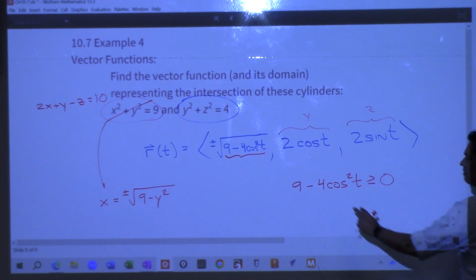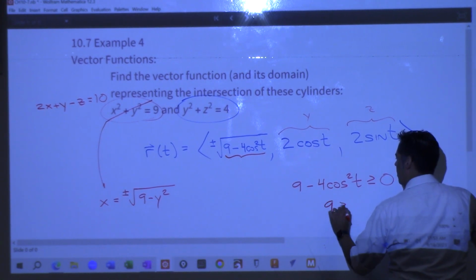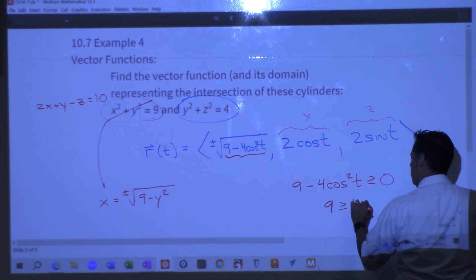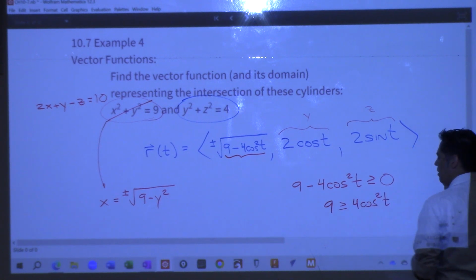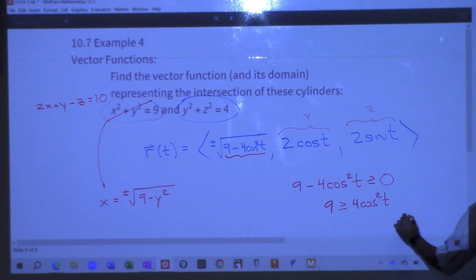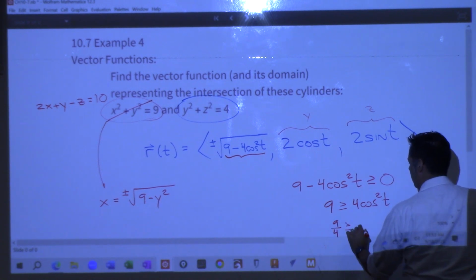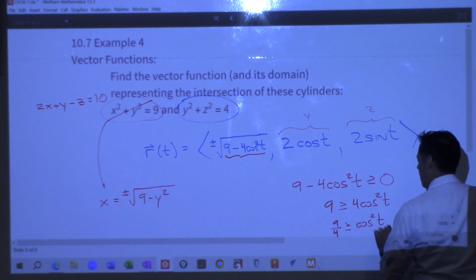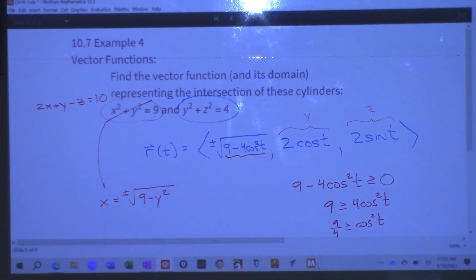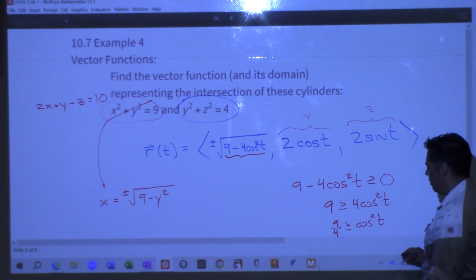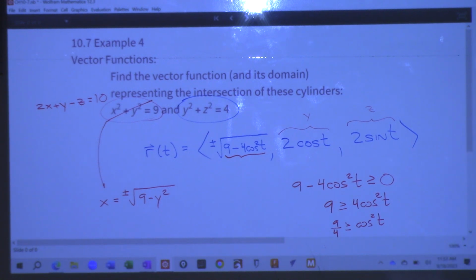We could add 4 cosine squared t to both sides, and we could divide by 4. That wouldn't change anything. 9/4 is greater than or equal to cosine squared t. So 3/2 is greater than or equal to cosine t? Is that the way it works?